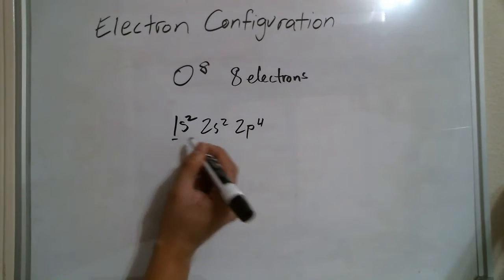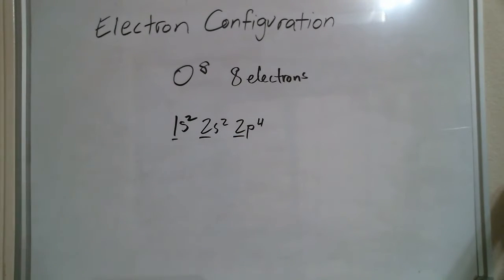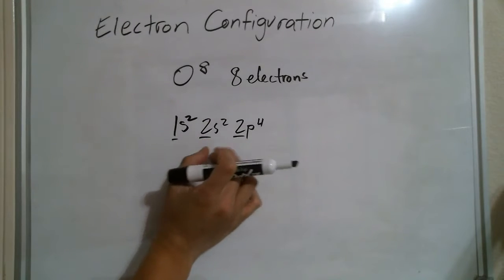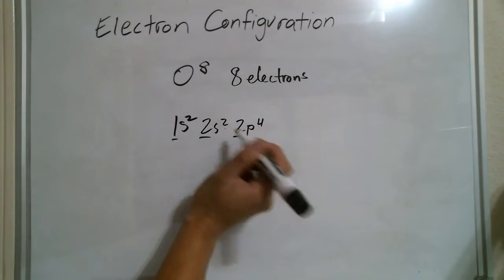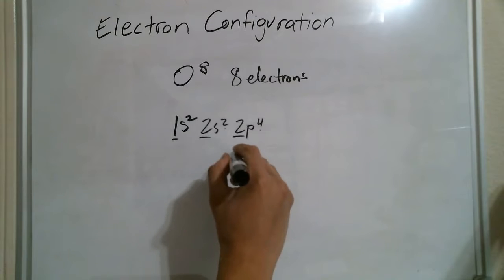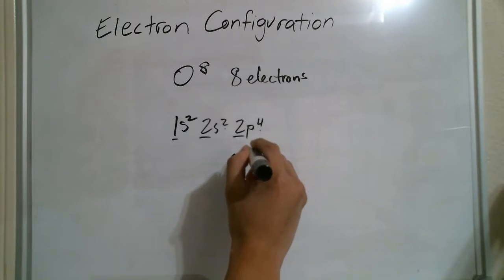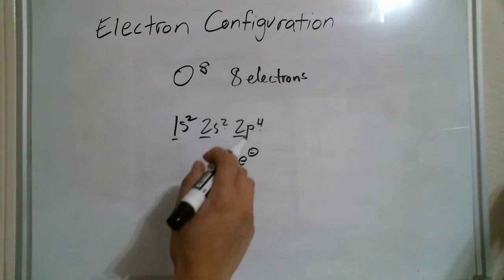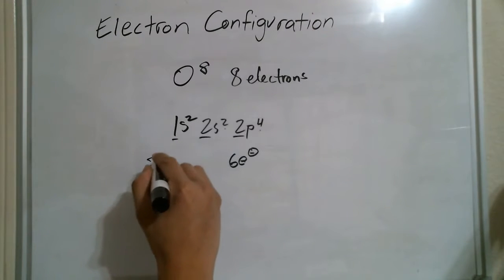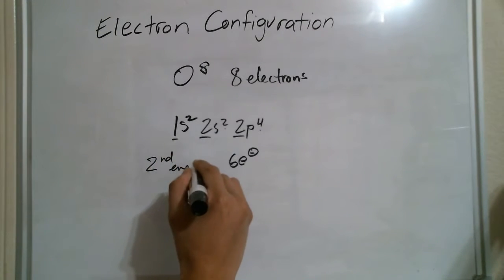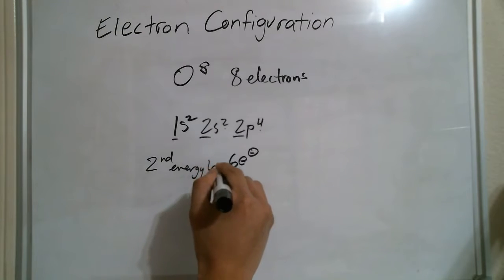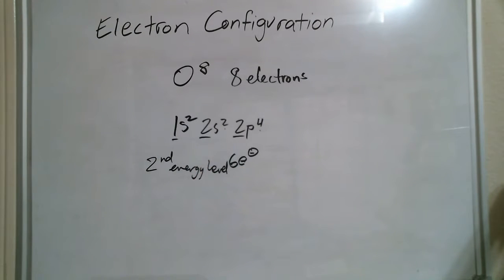These numbers here are the energy levels. To find the valence electrons, let's just look at the highest energy level, which is 2. So we have 2 electrons and 4 electrons, which means there's 6 electrons in the highest energy level. That means oxygen has 6 valence electrons.